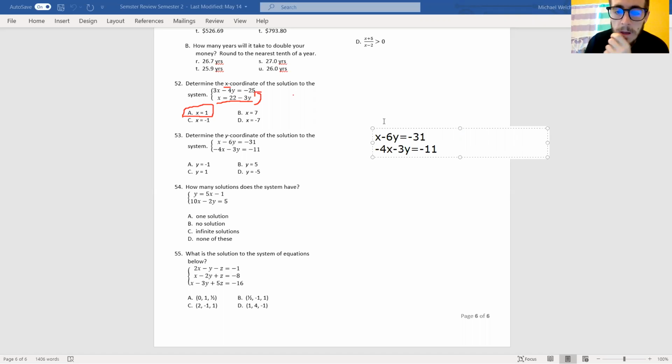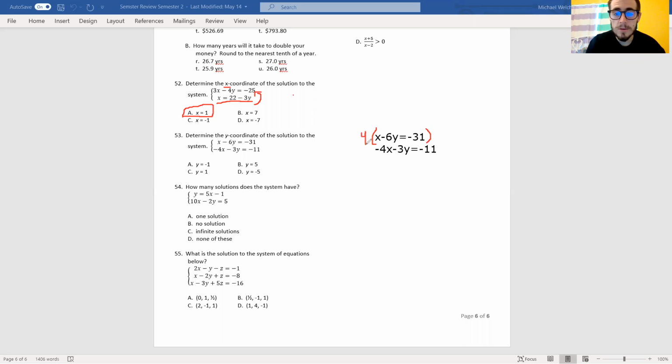Now I can do elimination, or it's called linear combination. I can manipulate one of these equations so that the x or y values on top and bottom match. I'll give you an example first. I'm going to multiply this top equation by 4.